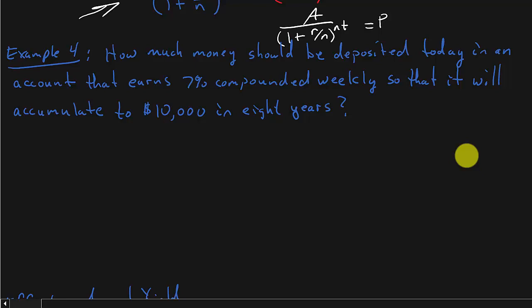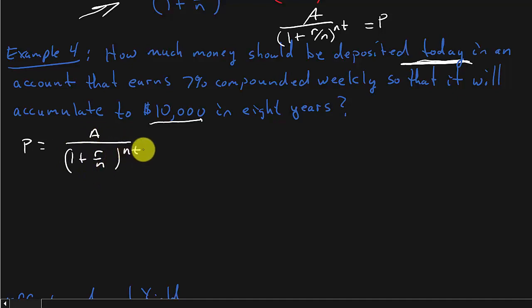So the key here: how much money should be deposited today? How much do I need to put in there today to have this much in 8 years? That's present value. I want to know the present value. So the present value is A over 1 plus R over N raised to the NT.